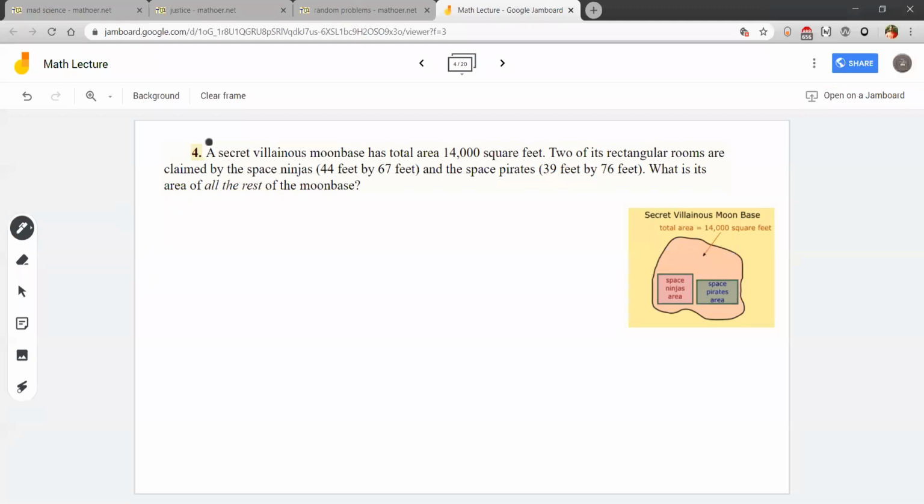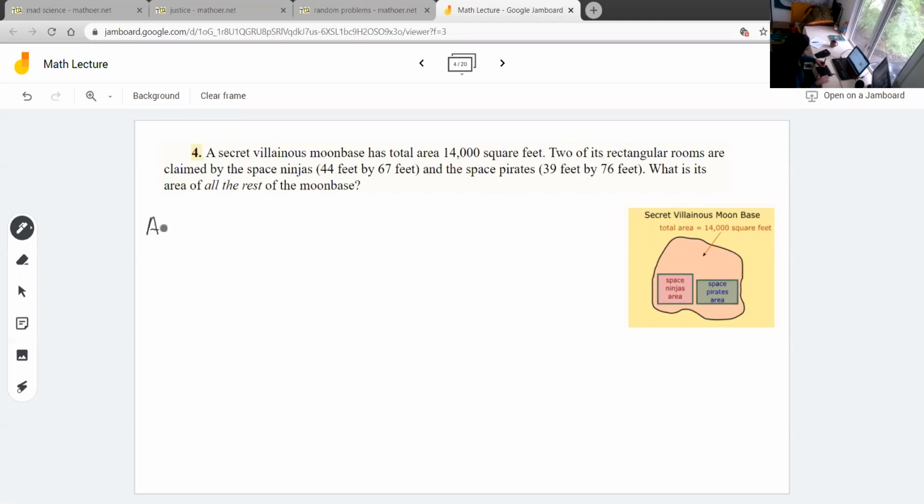So I'm going to say that the area of all the rest is the total minus the ninjas minus the pirates.